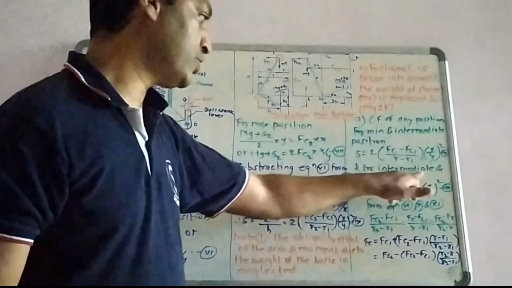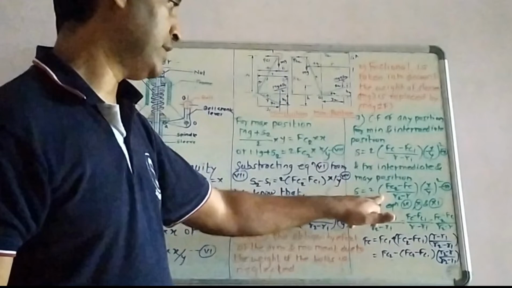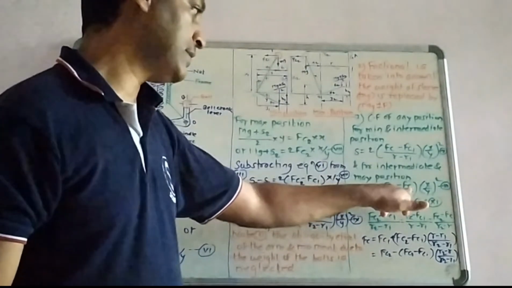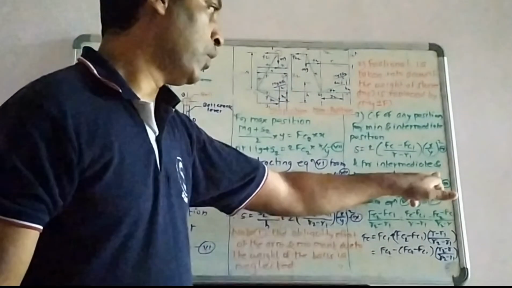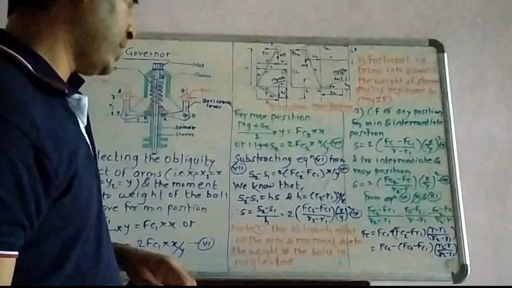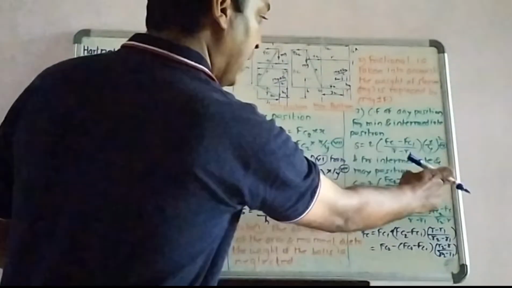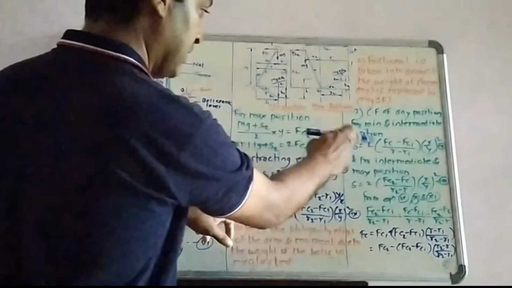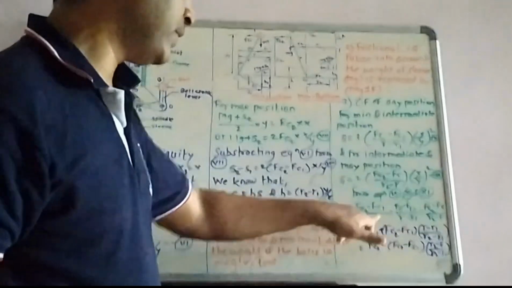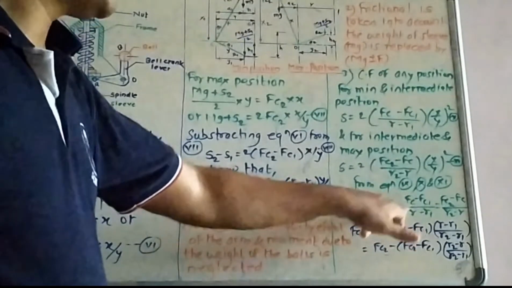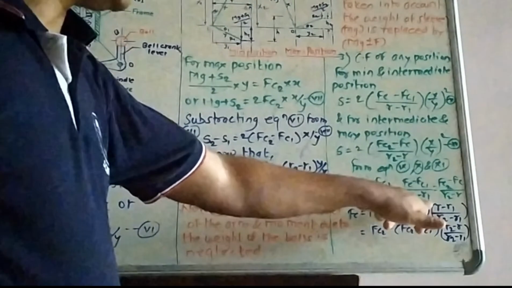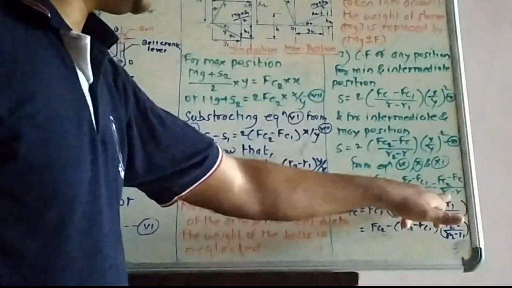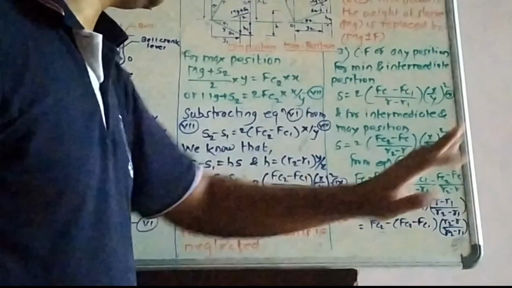Now for the intermediate position and for the maximum position, we can get this relation 2 into (Fc2 minus Fc) divided by (R2 minus R) into x divided by y, whole bracket square. Now from equation number 9, 10 and 11, the left side is the same, so you can equate the right sides. So you can get this relation (Fc2 minus Fc1) divided by (R2 minus R1) equals (Fc minus Fc1) divided by (R minus R1) equals (Fc2 minus Fc) divided by (R2 minus R).